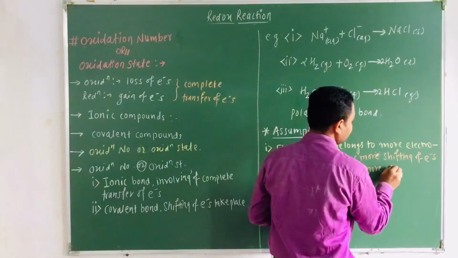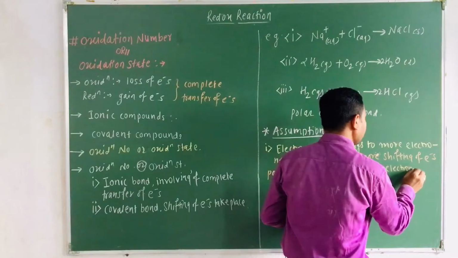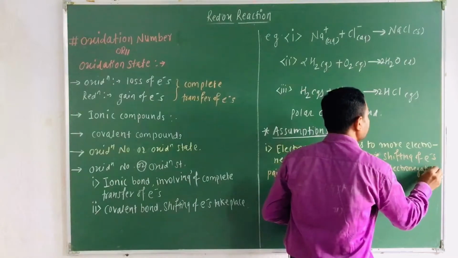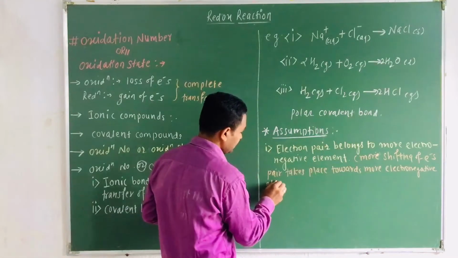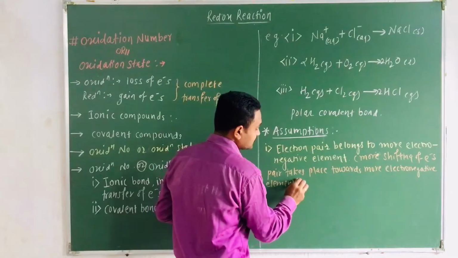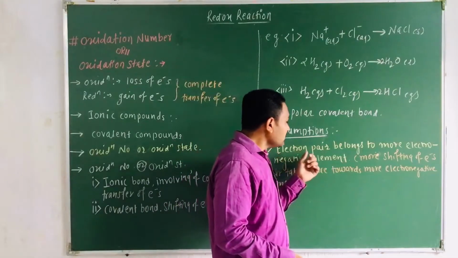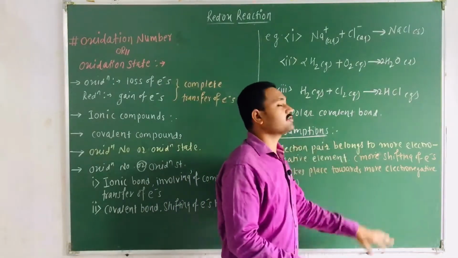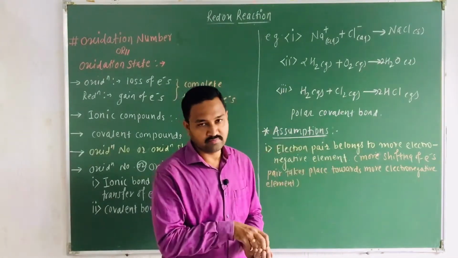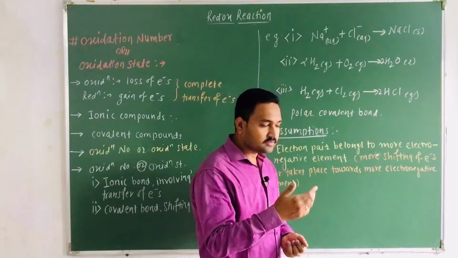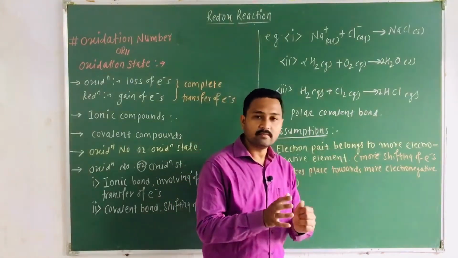In short, we say that the electron pair belongs to the more electronegative element, which means it will contribute more in the covalent bond.